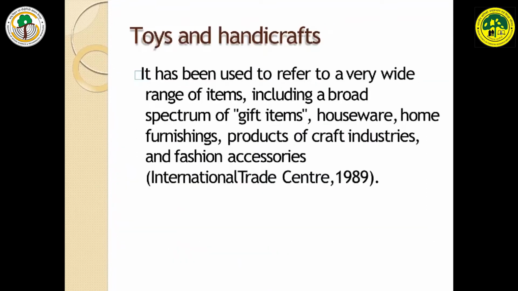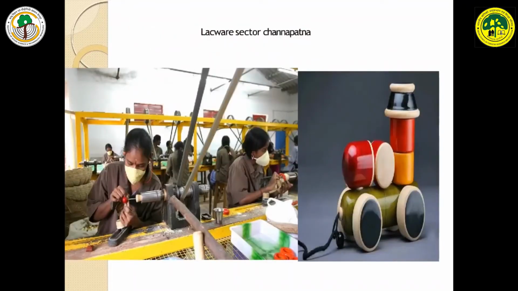Another major industry is toys and handicrafts. I'll highlight one of the toy industries of Karnataka. There is a toy making industry in Channapatna in Karnataka, where the major household small scale industry is toy making. It is made from Wrightia wood, and now even they lack the raw material, that is Wrightia, and the material used is natural dyes, extracted from leaves and vegetables.